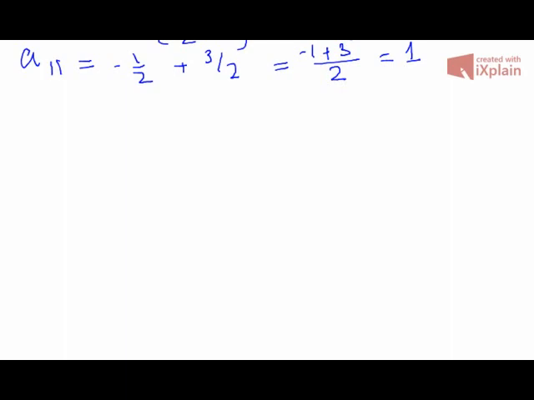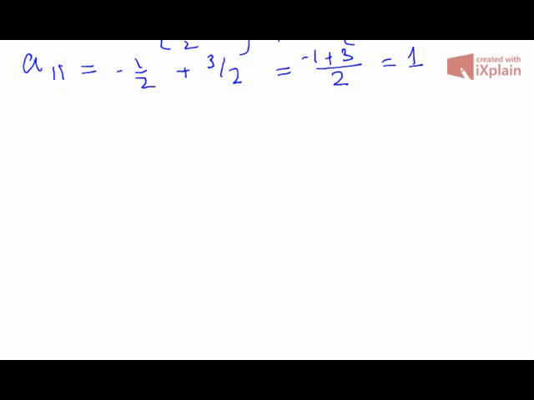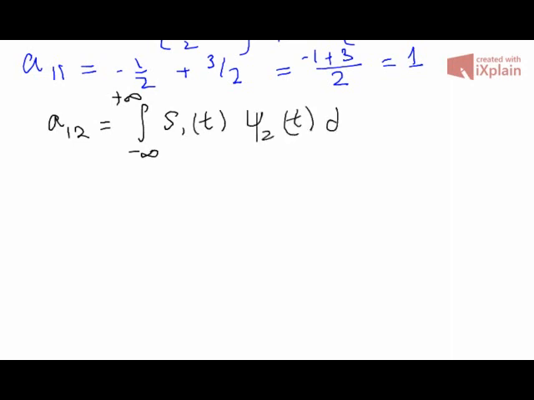Our next step is to find a12. So we can find a12, which is the image of this signal S1 over psi 2, right? Just need to find these two.